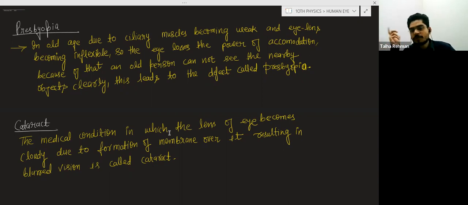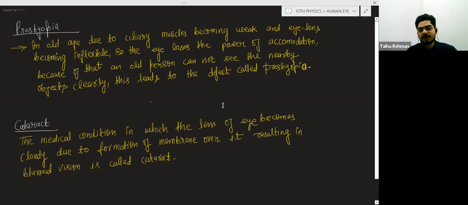But due to the ciliary muscles becoming weak, the eye cannot focus properly, because the focal length cannot be adjusted properly. Due to that, this defect occurs, and in this defect, the person is not able to see nearby objects.